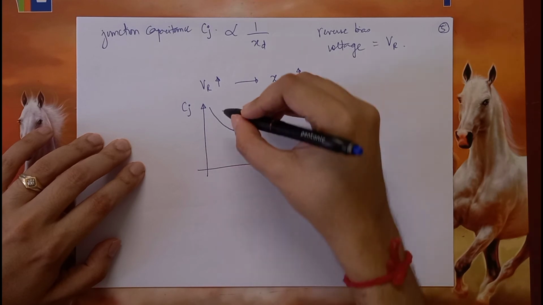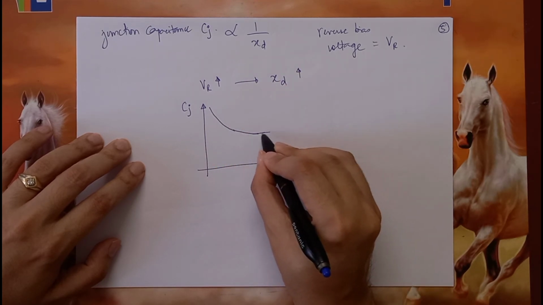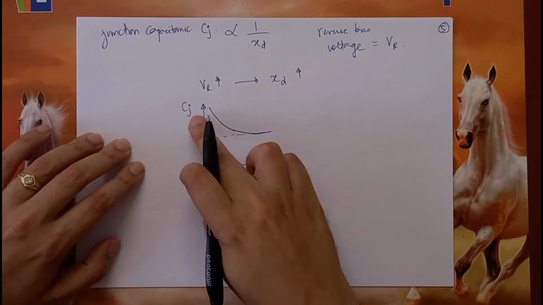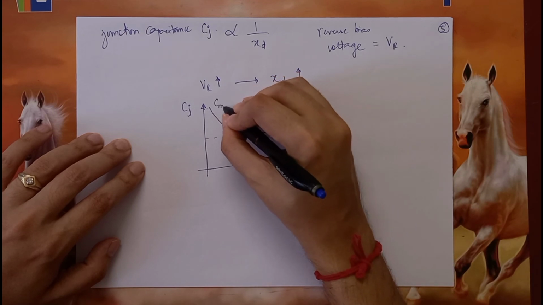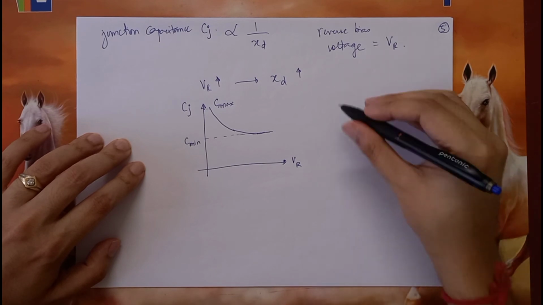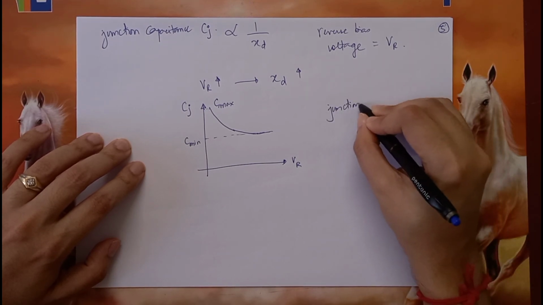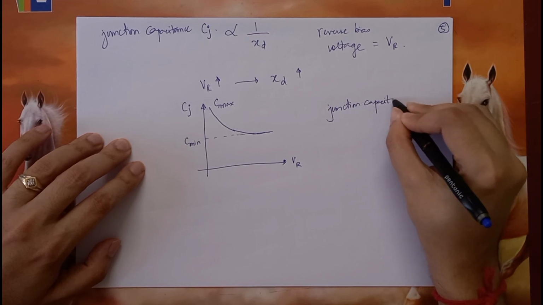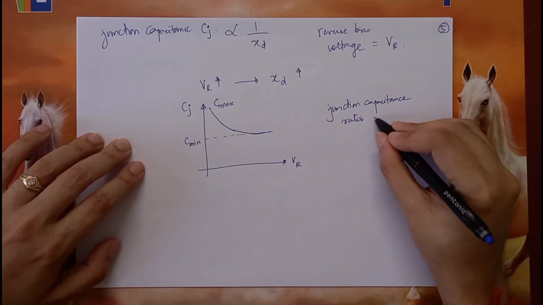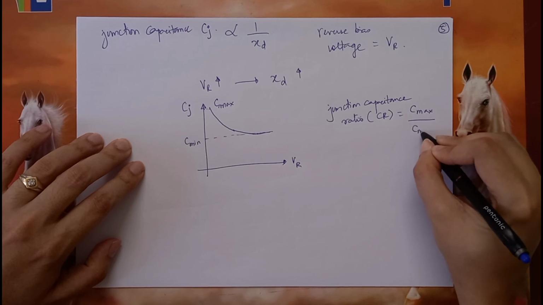When VR is maximum, after a while this may become flat. So if you now join this over here, let us call this C max and this C min. We define something called the junction capacitance ratio. And this is CR, which is C max by C min.